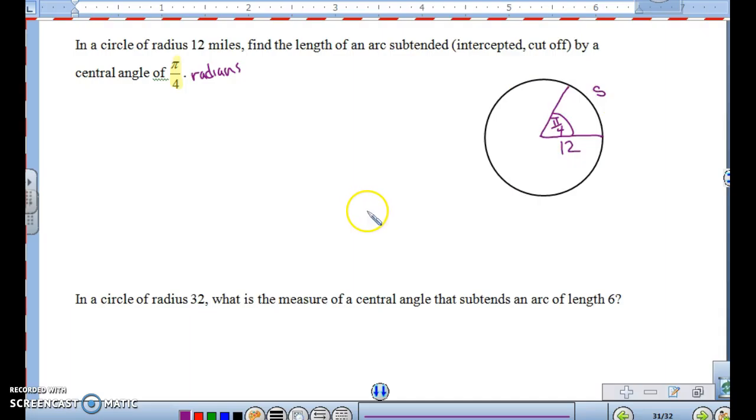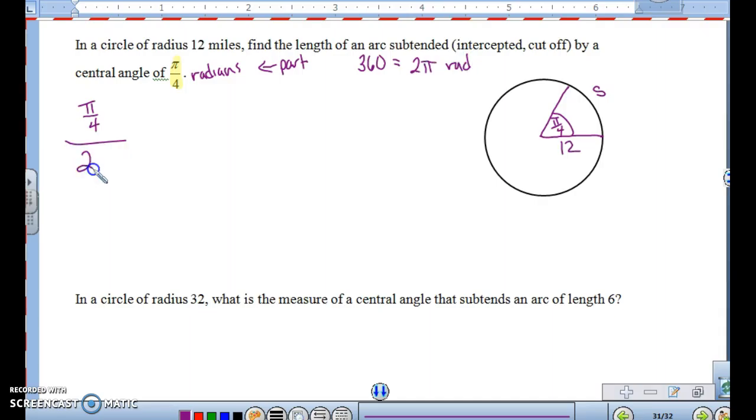This is going to be part to whole. Now, since we are going to use the angle pi over 4, the part would be pi over 4. What would be the whole? Now, it's going to be 360 degrees, but we want this to be in radians. So the whole 360 degrees, remember, is 2 pi radians.